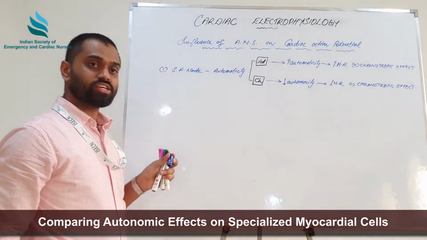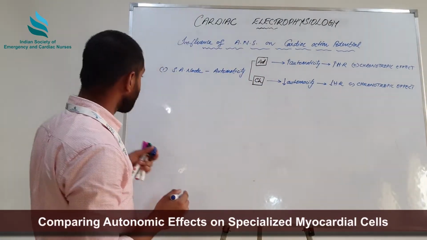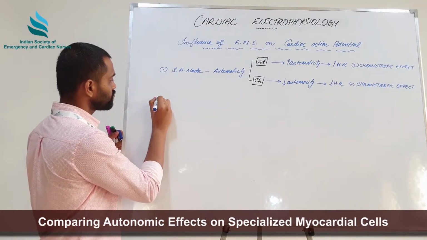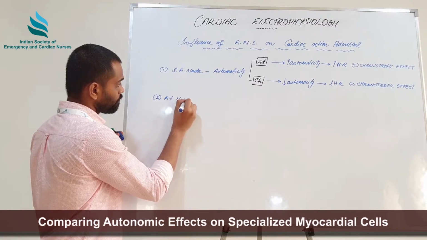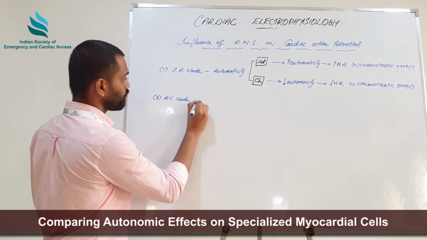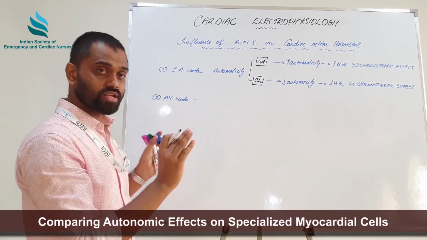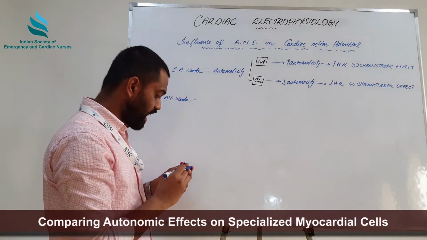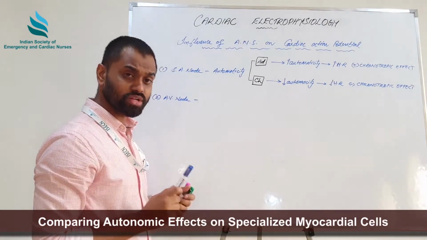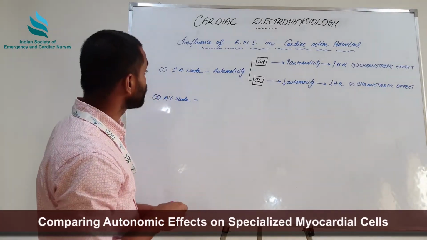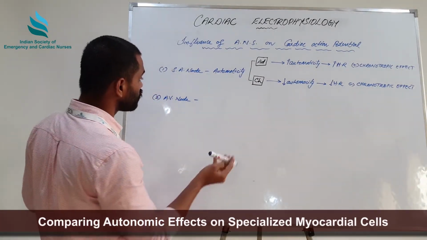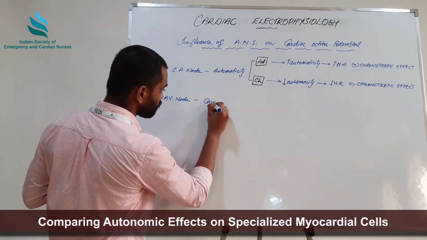Now, another specialized tissue which we usually explain along with SA nodal tissue is AV nodal tissue. The only difference in AV nodal tissue, in contrast to SA nodal tissue, is that the property of AV nodal tissue is conductivity.